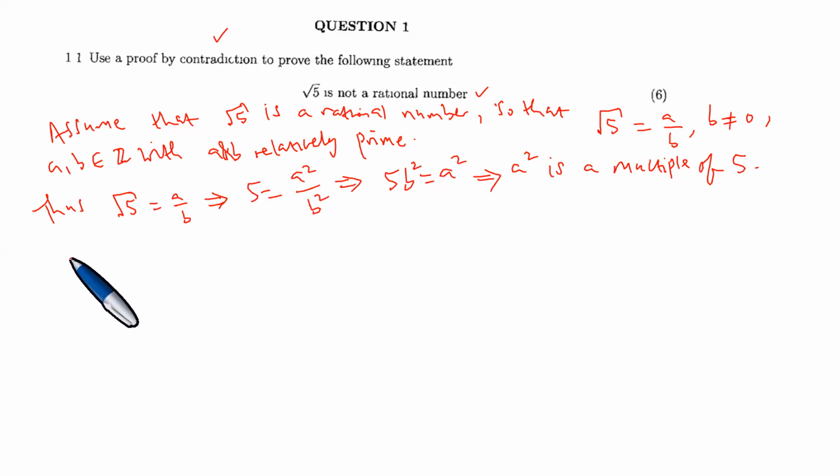Okay. If a squared is a multiple of 5, what does it mean about a? A also must be a multiple of 5.